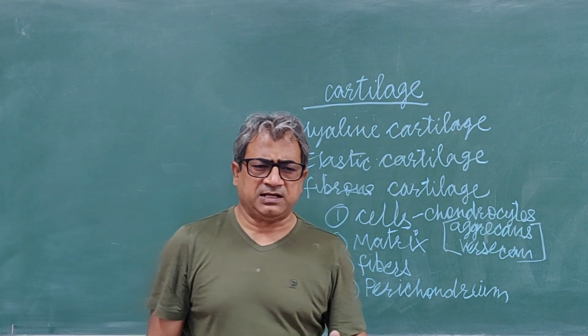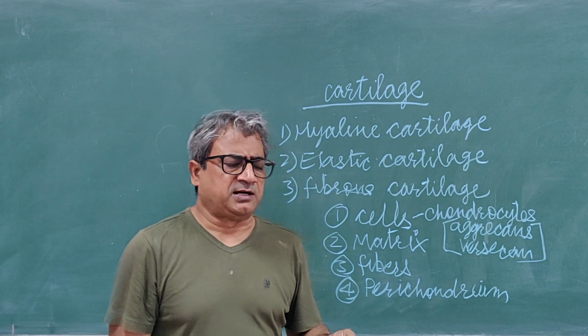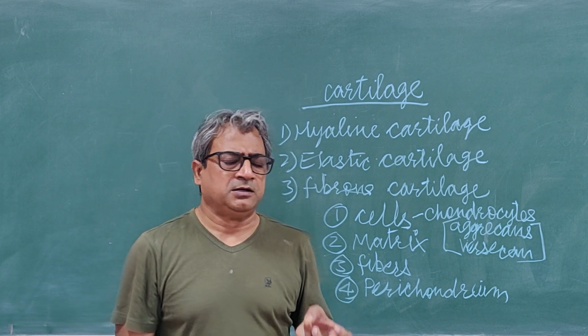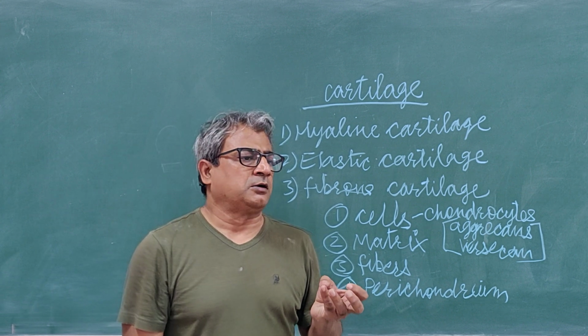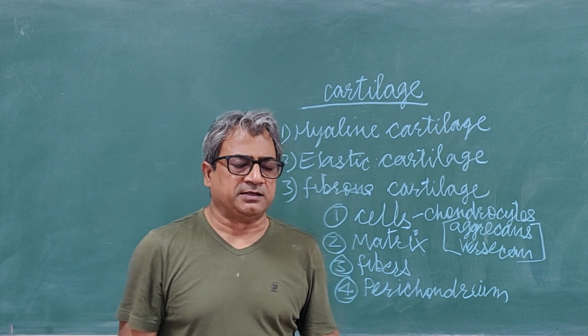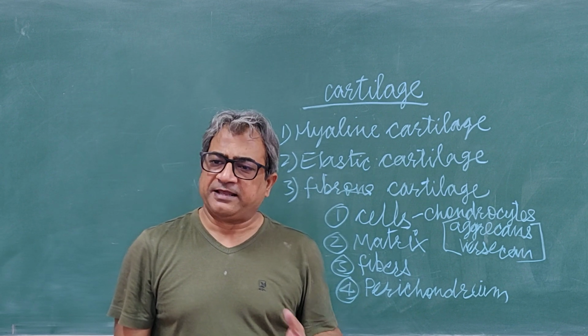We discussed last time that the components are certain sulfated chondroitins or keratins. So the chondroitin sulfate, basically, they are termed as aggregans.